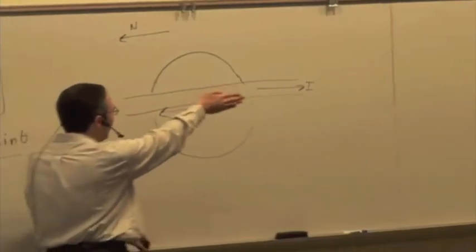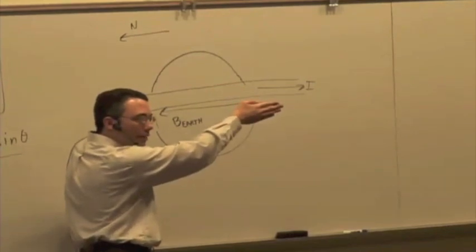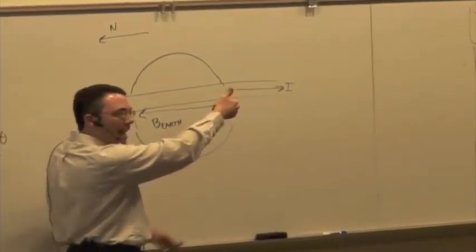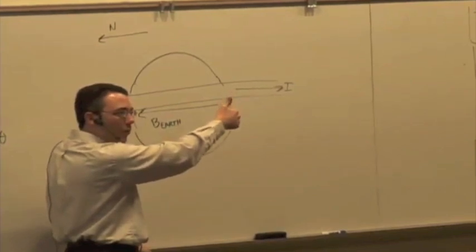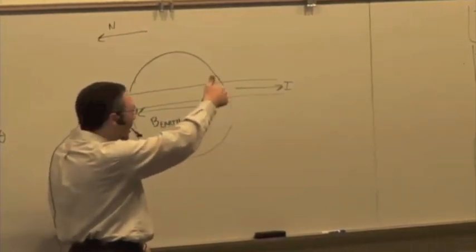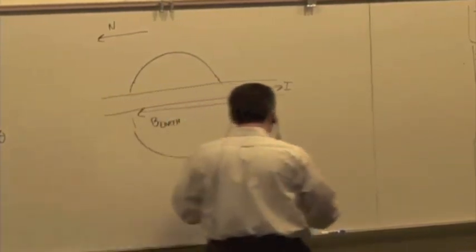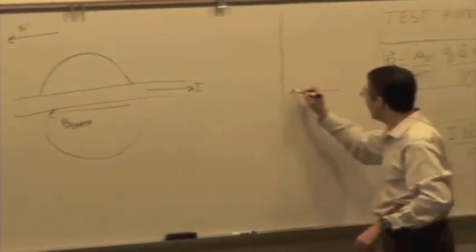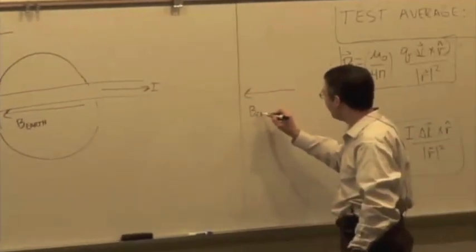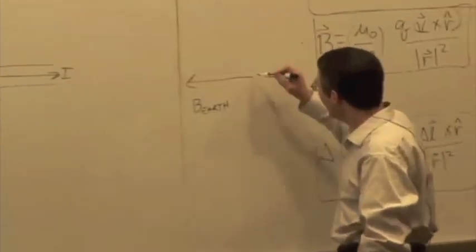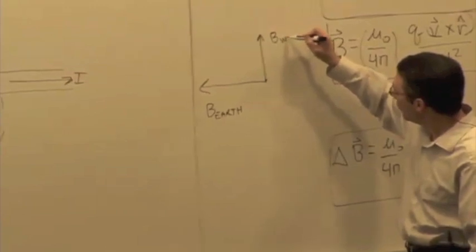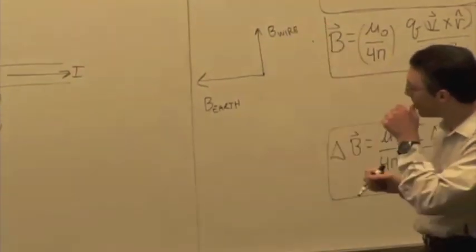So point the fingers in the direction of I, curl them towards the observation location, which is that way, and underneath the wire the thumb points up, right? So now I have the magnetic field of the Earth pointing in that direction. Let me redraw it over here. B of the Earth pointing in that direction. B of the wire pointing in that direction underneath the wire.